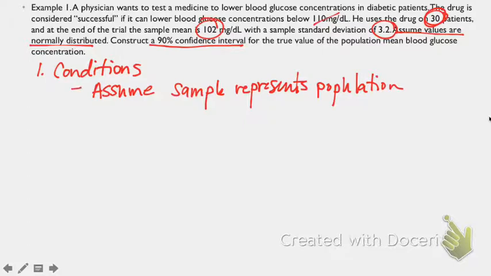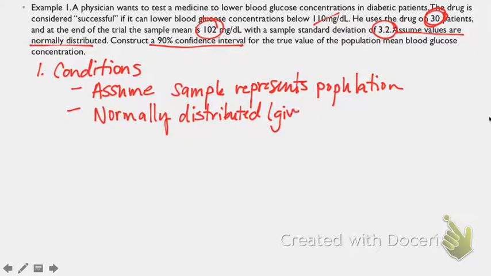Second one: normally distributed because it's given. Is CLT needed? No, that's whenever n is greater than 30. Yeah, it's given.